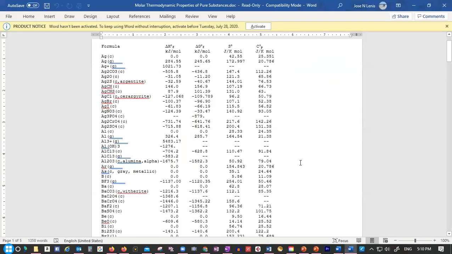To prevent any mistake, also notice we have some rules: standard enthalpies of formation of pure substances in their standard state is 0. Any pure substance, any element from the periodic table, in its standard state has 0 enthalpy and 0 free energy. But they do have entropy.